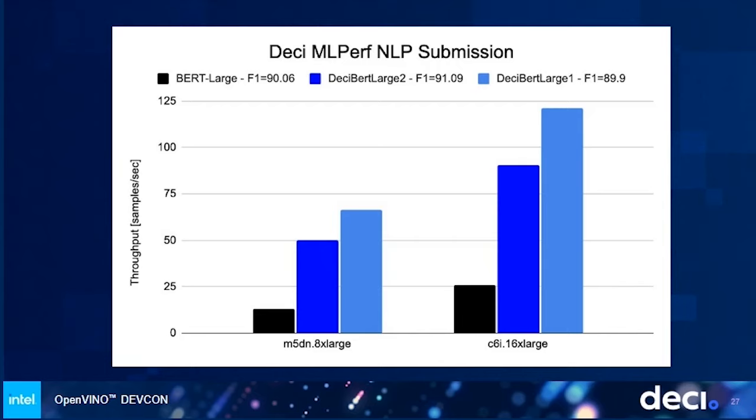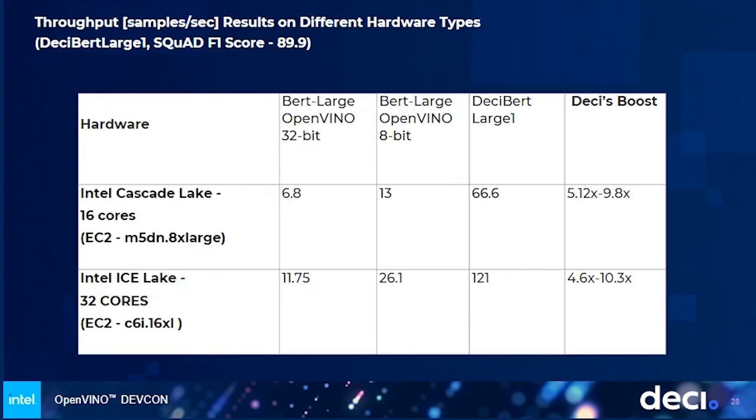We get an improvement of 10 times faster than the 32-bit BERT large, and versus the 8-bit, we get 4.6 times faster. This is on Intel Ice Lake 32 cores, with the same trends on 16 cores.